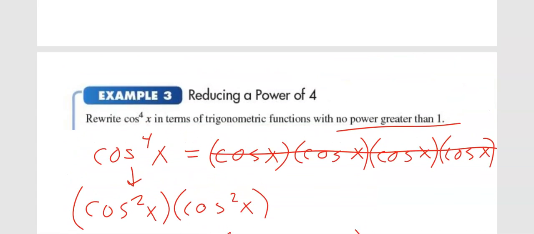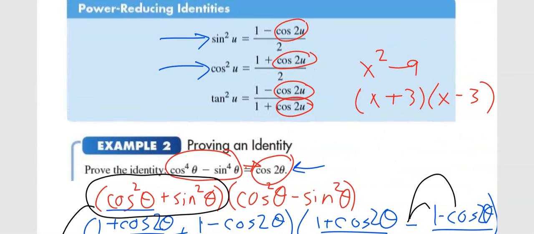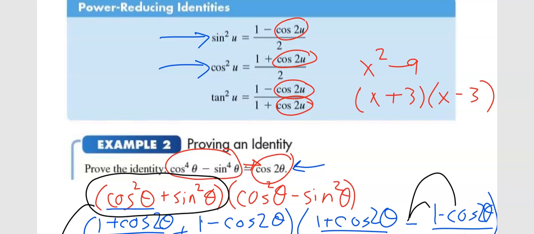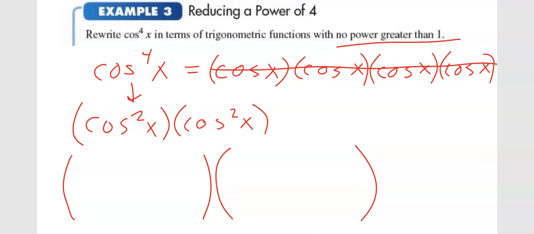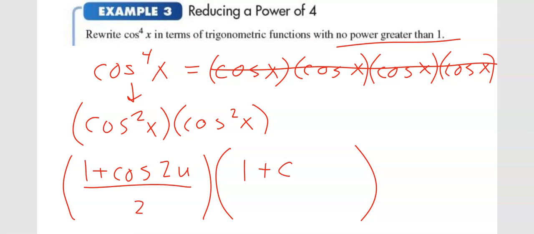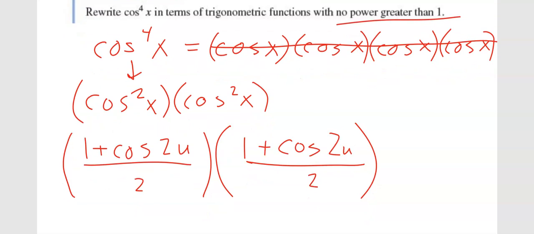Oh, well, I better go back up here and look. It's 1 plus cosine 2u all over 2, times 1 plus cosine 2u all over 2.